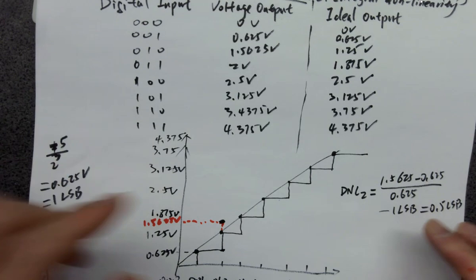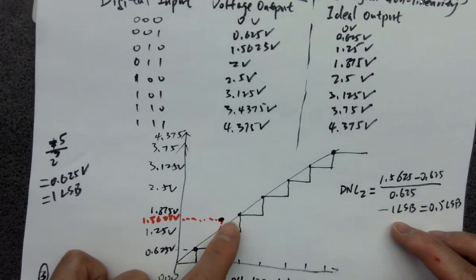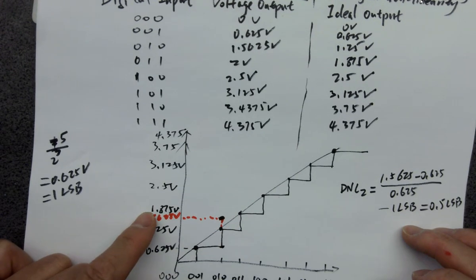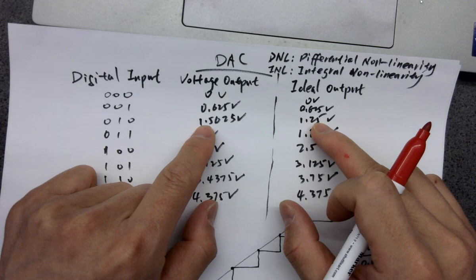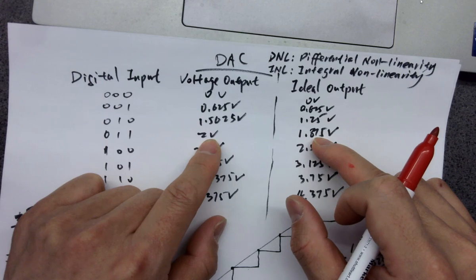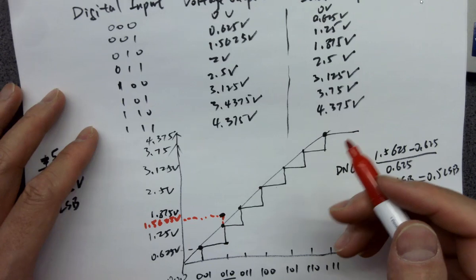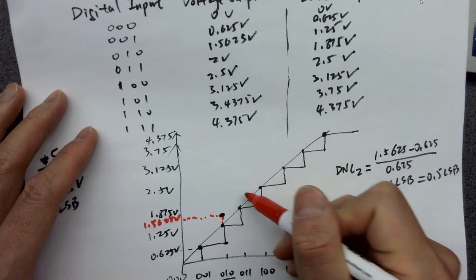All right, and now let's look at the next one, which is 2 volts. It's supposed to go to 1.25, but it goes to 1.5625, and here it's supposed to be 1.875, but it goes to 2 volts. This one goes to 2 volts.